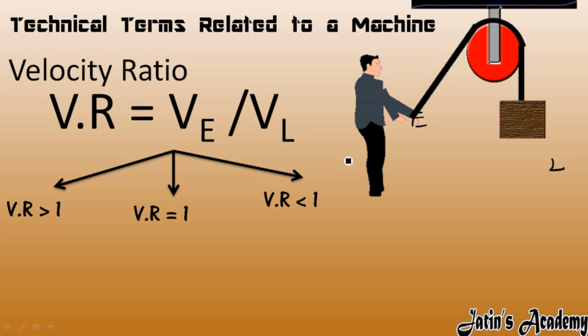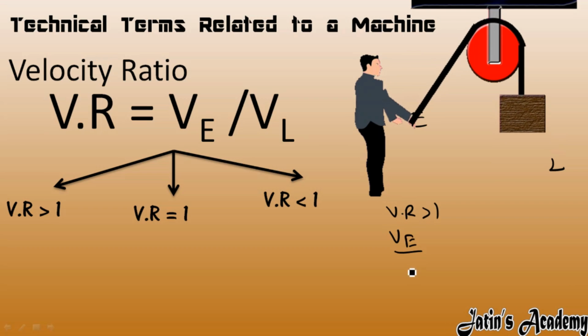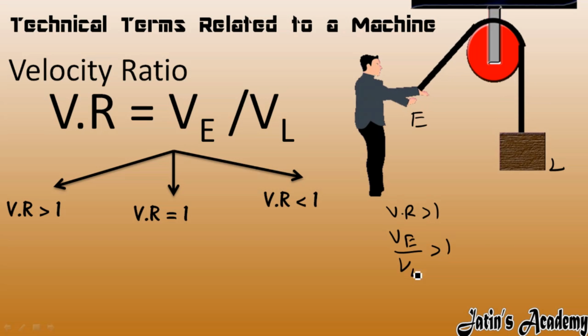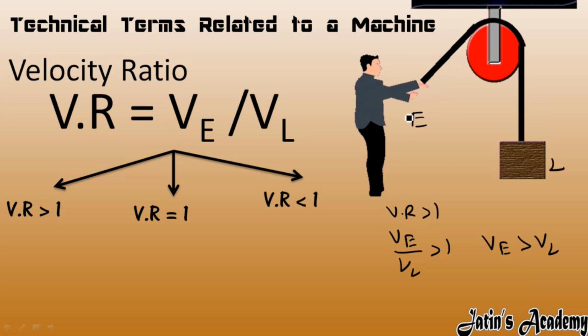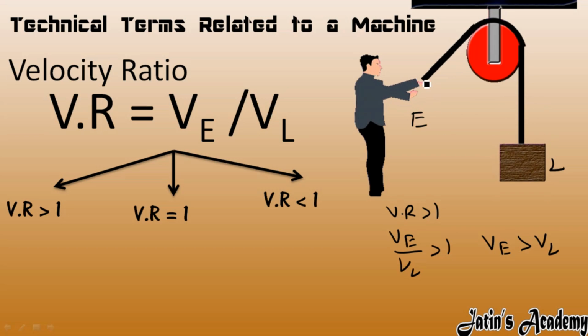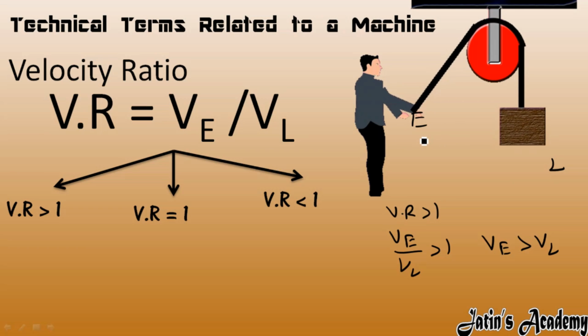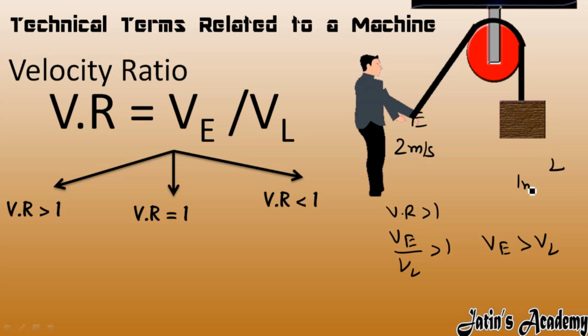So velocity ratio greater than 1 means velocity of effort over velocity of load is greater than 1, so velocity of effort is more than velocity of load. Carefully see, here we are giving more velocity and here we are getting less velocity. For example, if we are moving this rope with 2 meters per second, this block is only moving with a speed of 1 meter per second.